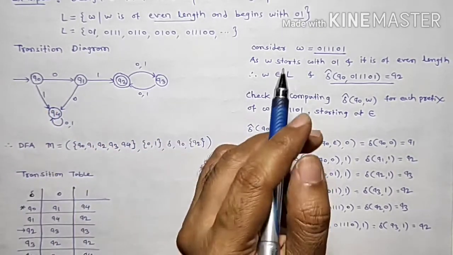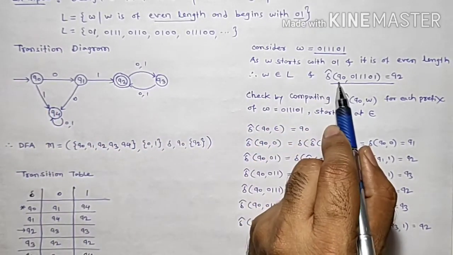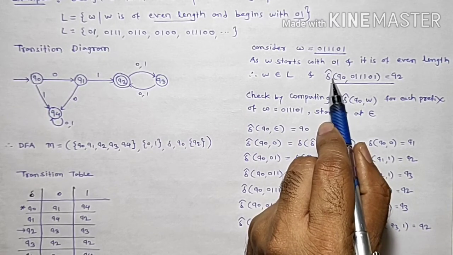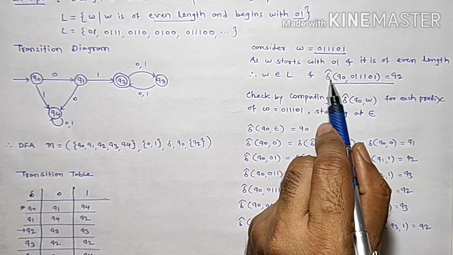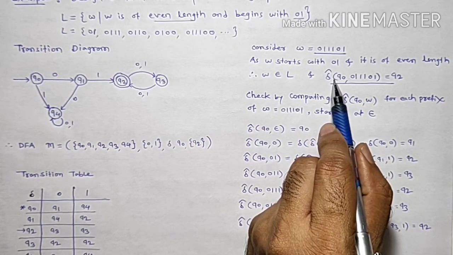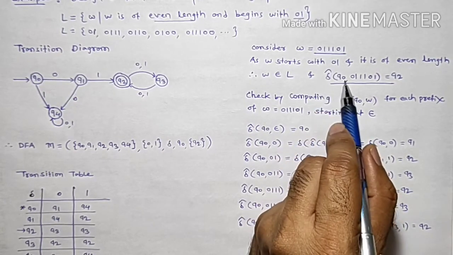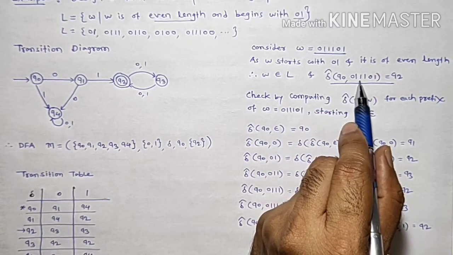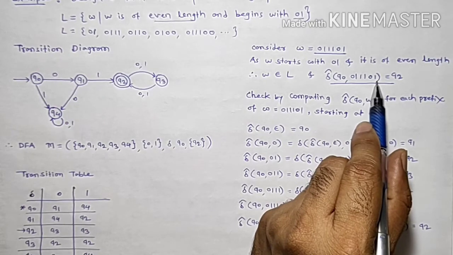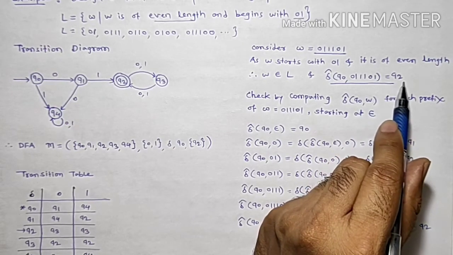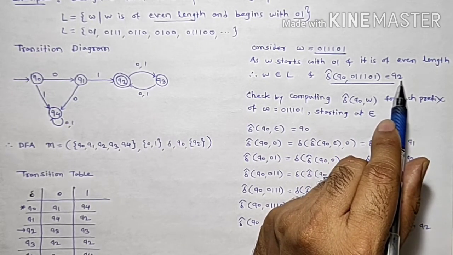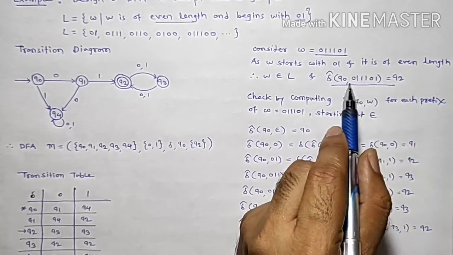Then we can represent it like this. The extended transition function value for this particular string, delta cap of Q0 comma 0 1 1 0 1 0, results in the state Q2, that is an accepting state.